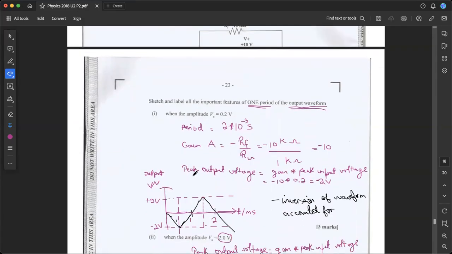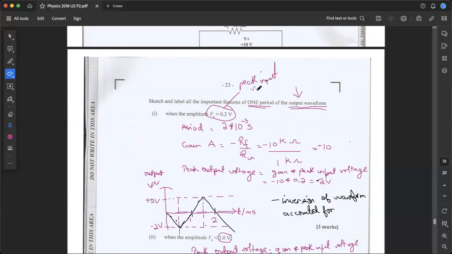To get that peak output voltage, remember they want us to come up with an output waveform. So we get the peak output voltage by multiplying the gain, which we just calculated, by the peak input voltage, which is -10 times 0.2, because 0.2 was our peak input voltage.